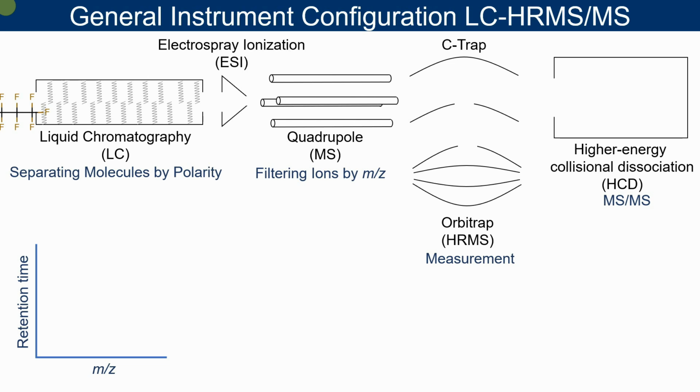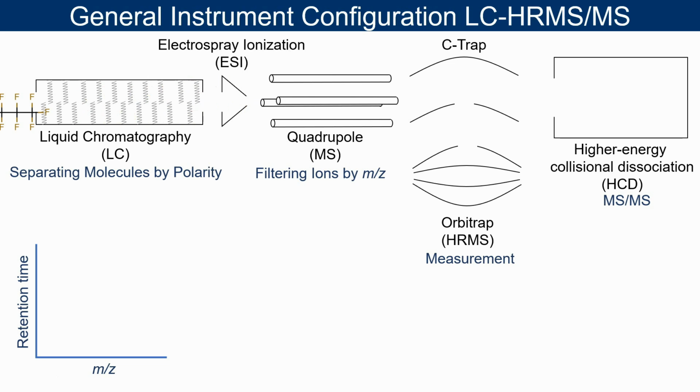Now, we use liquid chromatography to separate ions. So in the case of PFAS, for example, the shorter chain PFAS will come first when we use reverse phase chromatography. I won't go too in-depth into chromatography, but the basic idea is you have a column, it's packed with some material, your molecules stick to that material, and then you change the solvent ratios until it pushes off your molecule from that column or pushes it out faster.